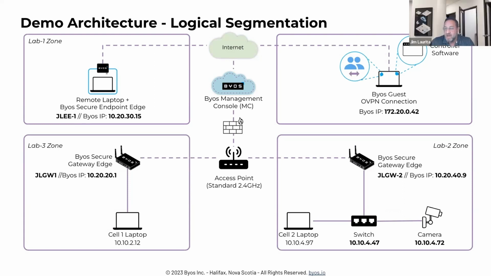Exactly right, Ryan. To expand on this a little bit, what we're going to focus on for our demonstration in a moment is the Lab 1 zone, in the top left-hand quadrant of the screen. You'll notice that the BIOS IP has an address of 10.20.30.15.